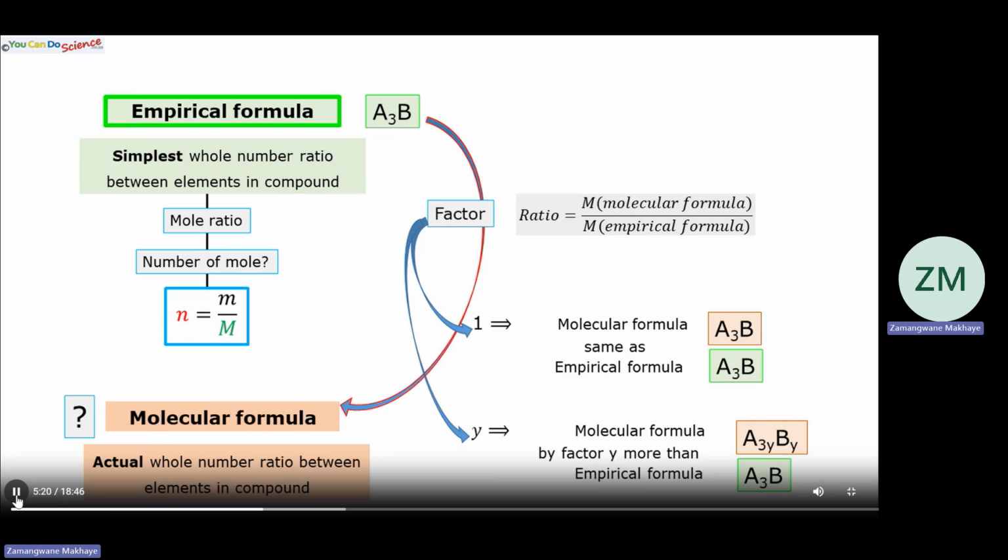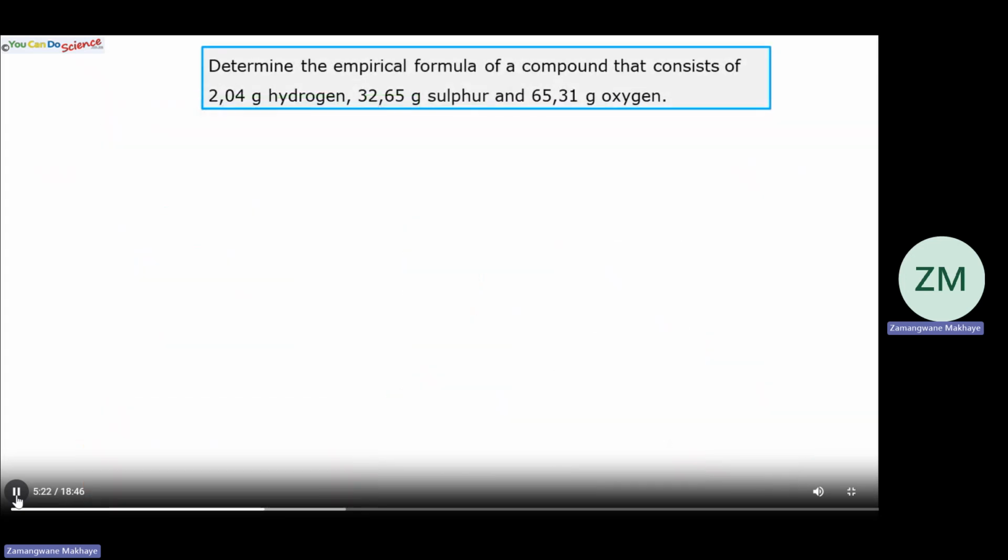Let us now apply this knowledge. Determine the empirical formula of a compound that consists of 2,04 gram hydrogen, 32,65 gram sulfur, and 65,31 gram oxygen. Empirical formula means the simplest mole ratio of the elements to each other.